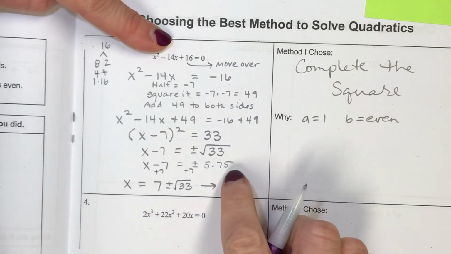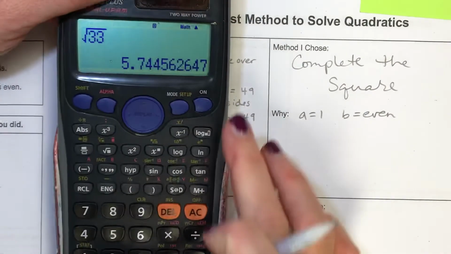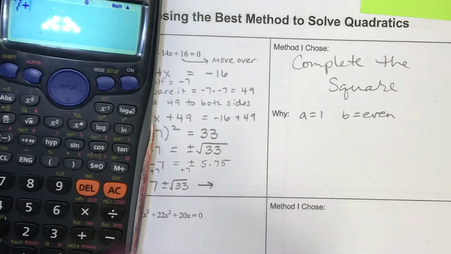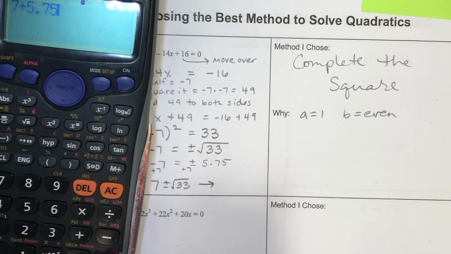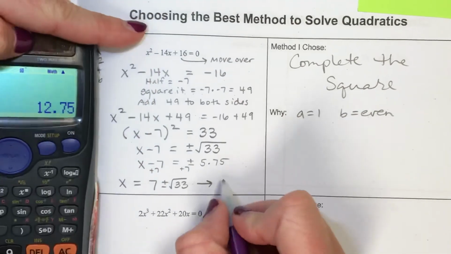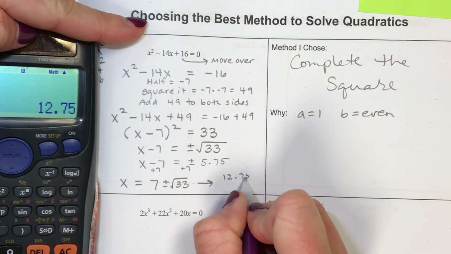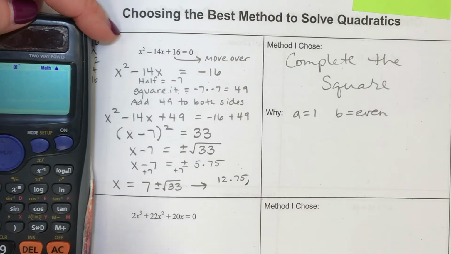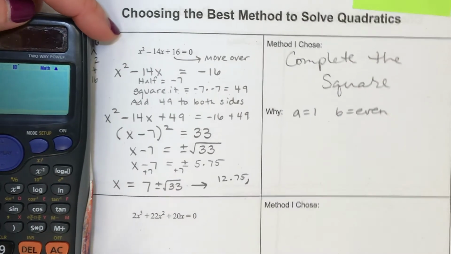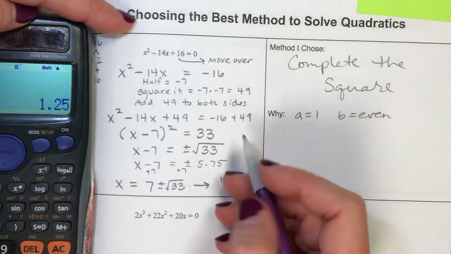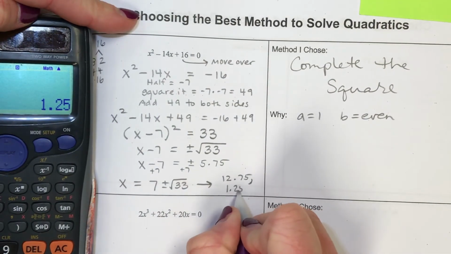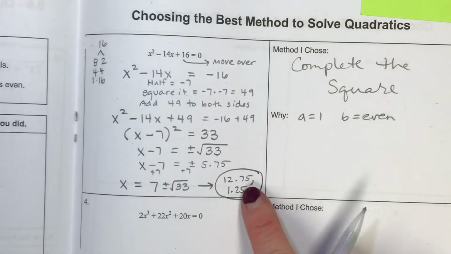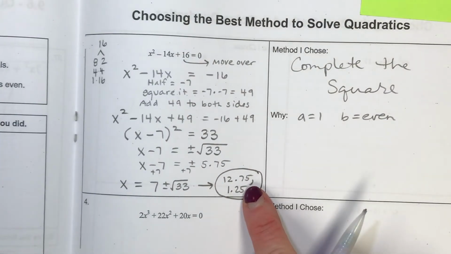But if I use the decimal here, 7 plus 5.75 is going to get me 12.75, and then 7 minus 5.75, because I'm adding and subtracting that, I get 1.25. So these are going to be my 2 solutions, 2 places where my parabola is going to cross the x-axis.